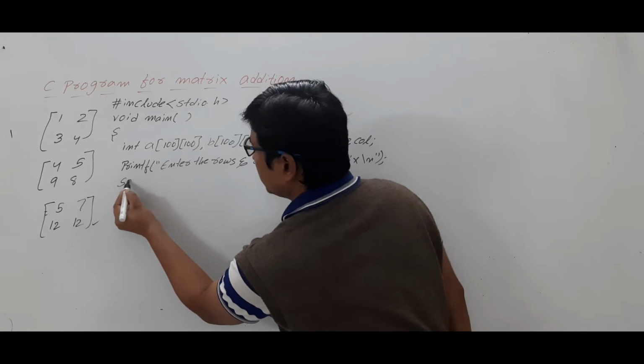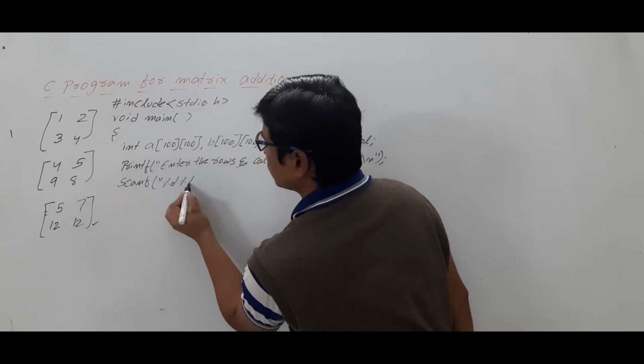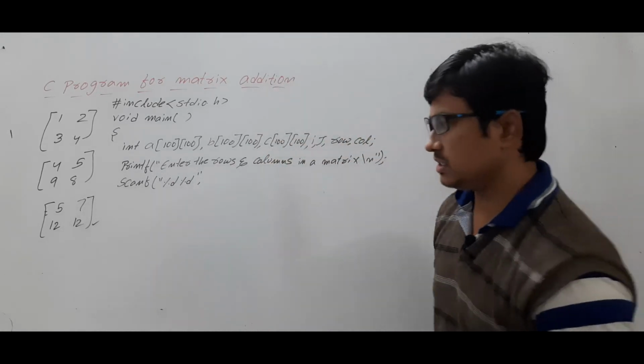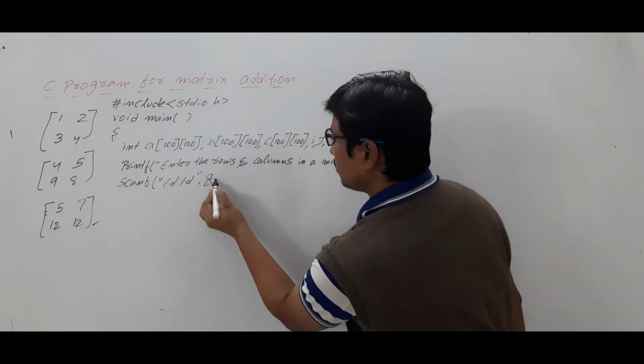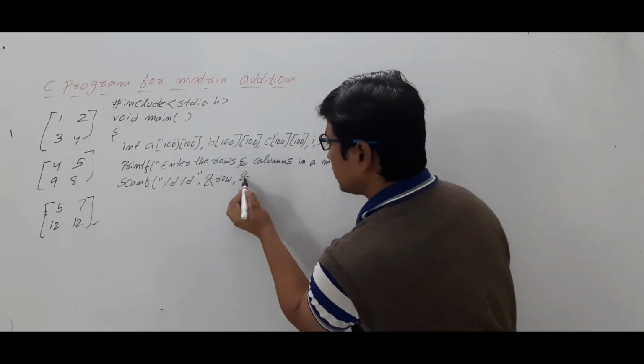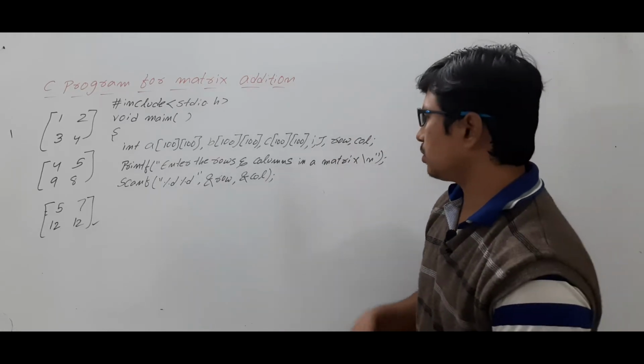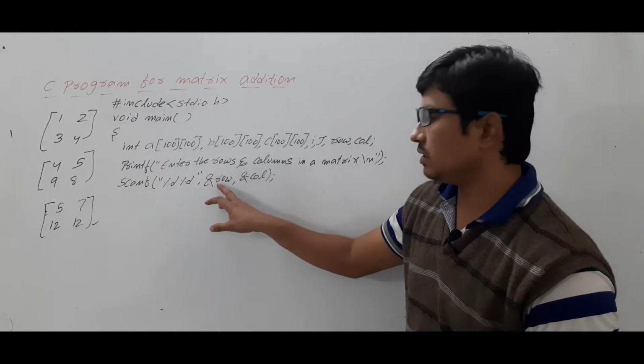Then I need to read the rows and columns. They are integers, so I'm using the format specifier %d, and I want to store these values at the address of row and the address of column.